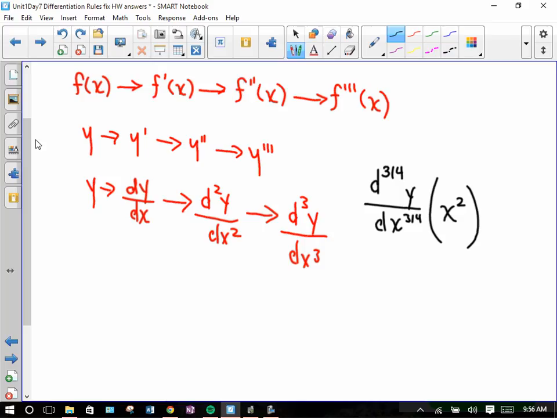What's the first derivative of x squared?